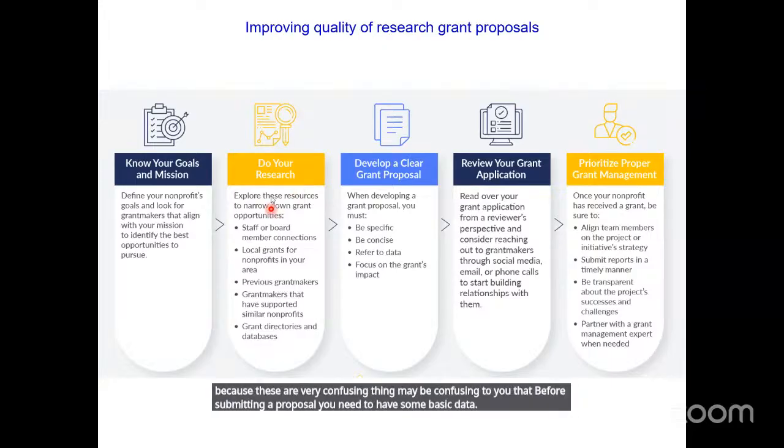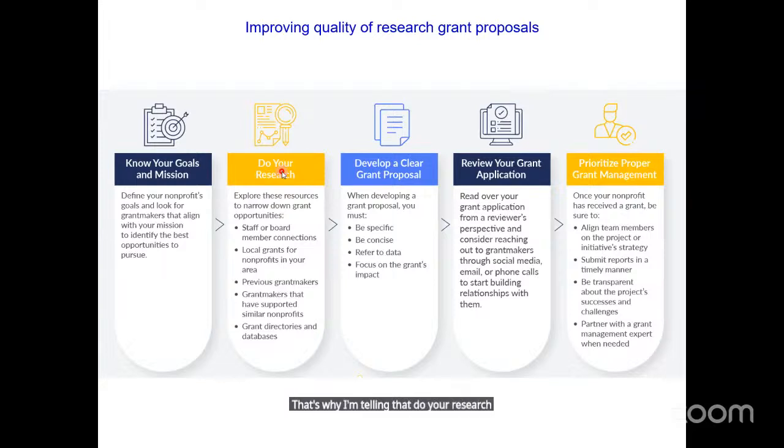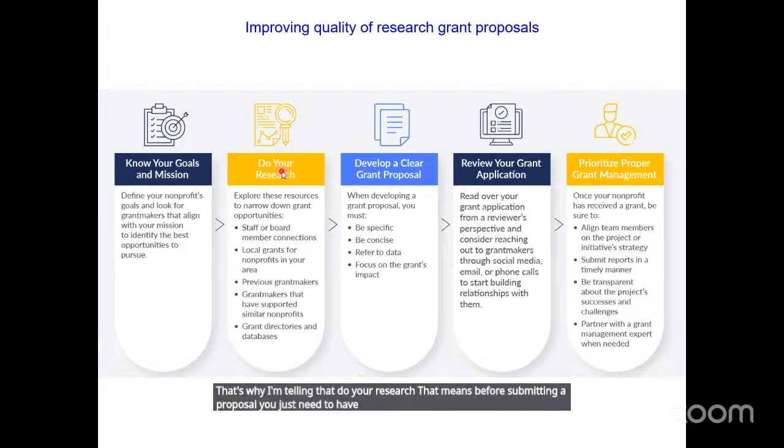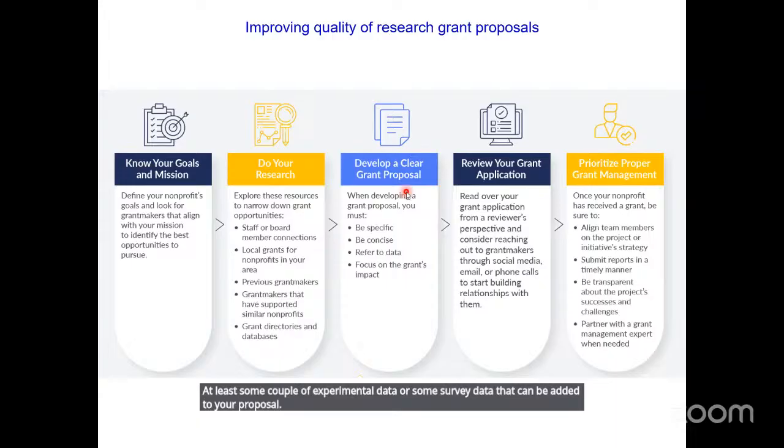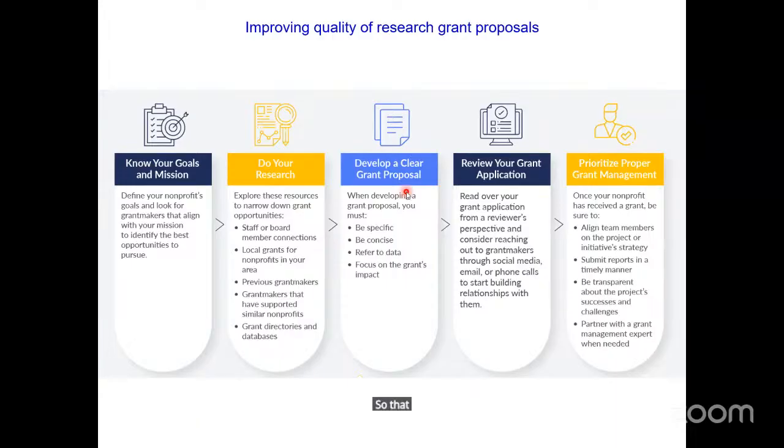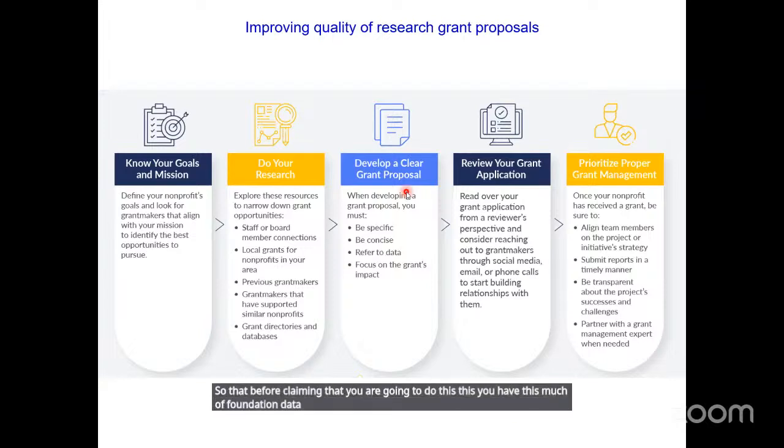That's why I'm telling you to do your research. That means before submitting a proposal you need to have some preliminary data, at least a couple of experimental data or some survey data that can be added to your proposal, so that before claiming that you are going to do this, you have this much foundation data or background data with you.